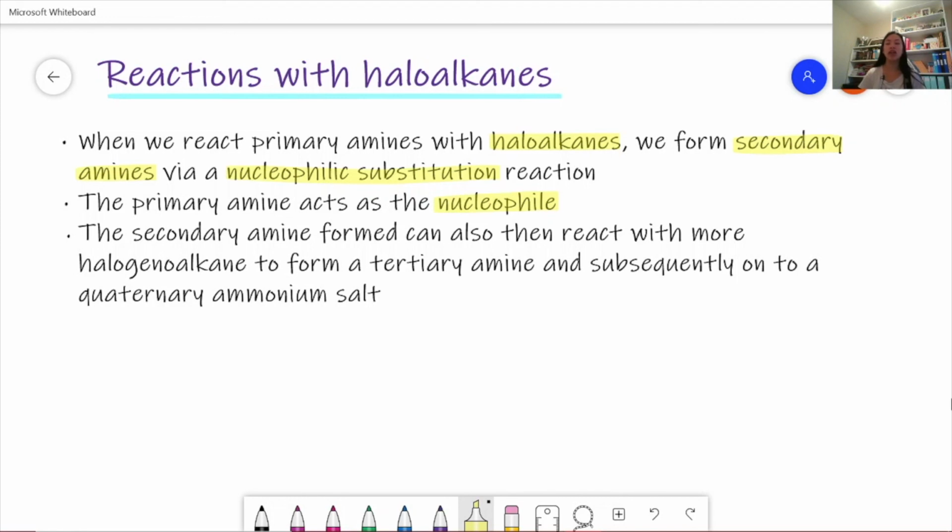And this is because the secondary amine which is formed also has that lone pair of electrons on the nitrogen, and so can also act as a nucleophile. And that's the same with a tertiary amine as well.